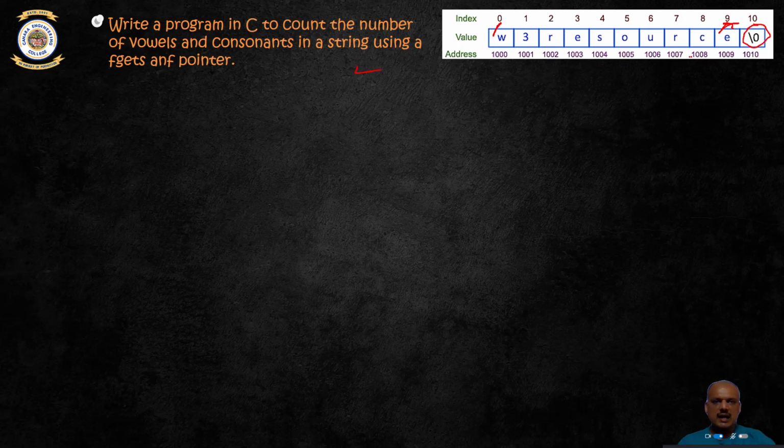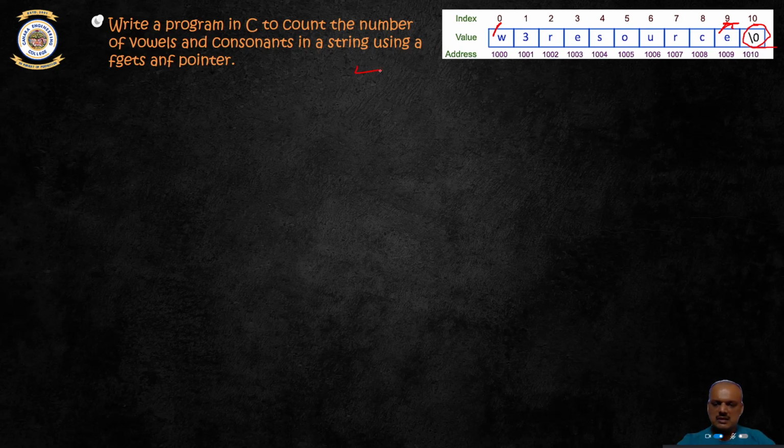So every string has a null character or a terminator at the end to demarcate the end of the string. Okay, so take that into account. First point, a string is nothing but a character array with indices, and the other one is every string ends with a null character as its terminating point.